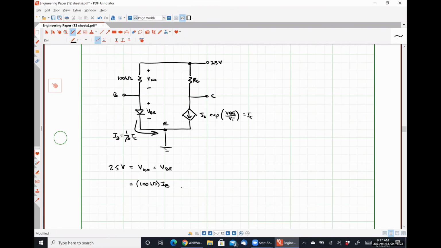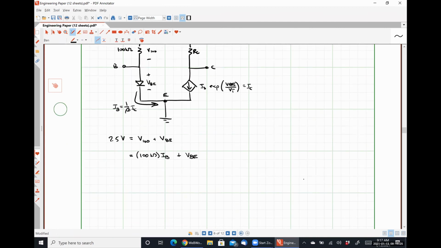Plus VBE, but we can express VBE in terms of the base current as well. Or actually, no, let's leave VBE there. We can express the base current in terms of the collector current, which is in terms of VCE, right?